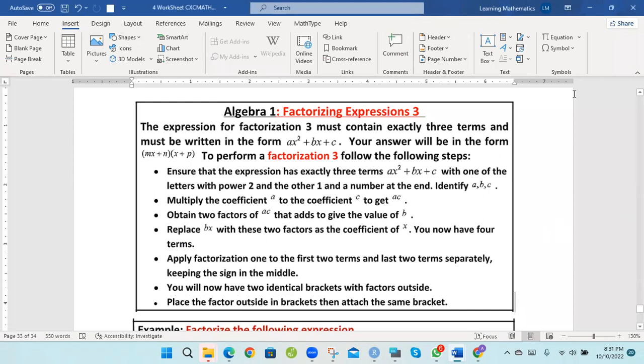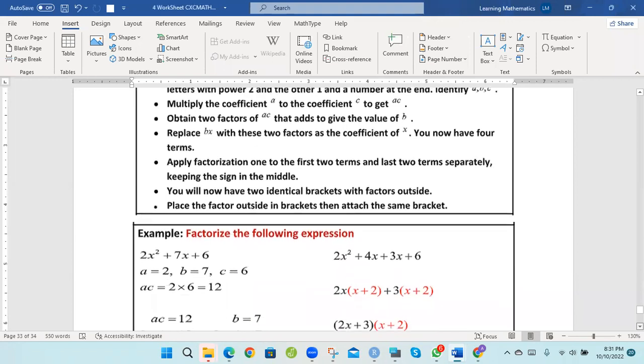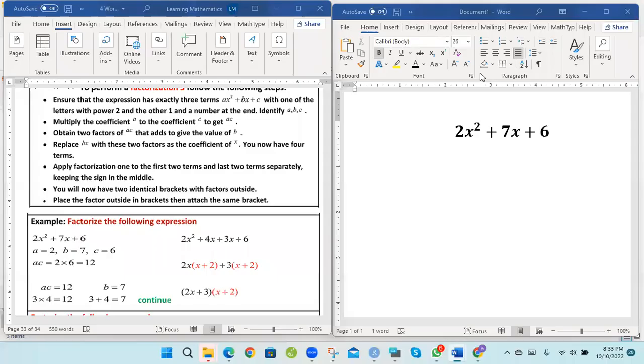Let's do an example. Here you have this example, 2x squared plus 7x plus 6. As the first step says, ensure that the expression has exactly 3 terms, ax squared plus bx plus c. Is that the case? 2x squared plus 7x plus 6, yes. Multiply a times c.